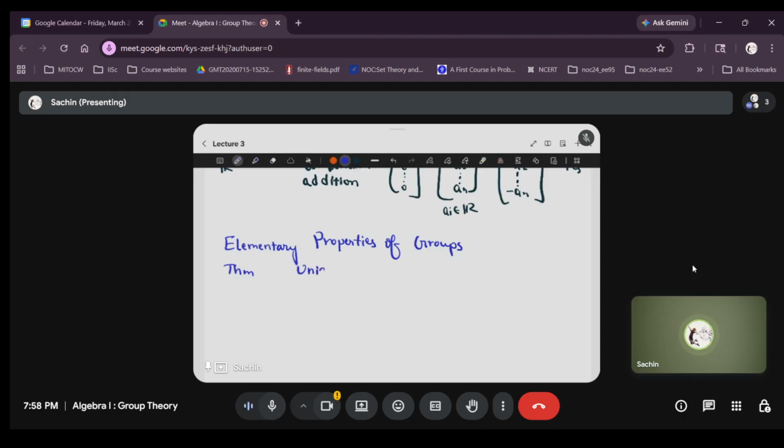So that we will state as a theorem: the uniqueness of the identity element. So in a group G, there is only one identity element.